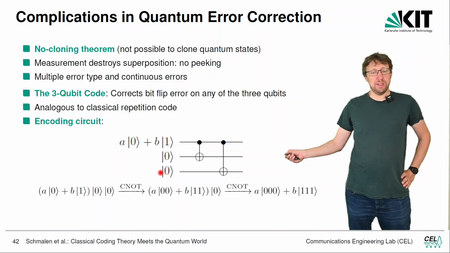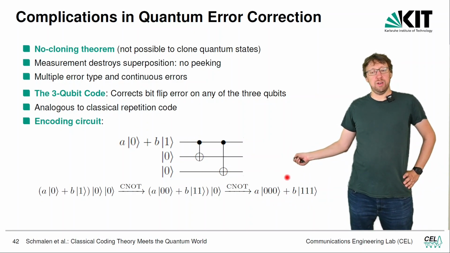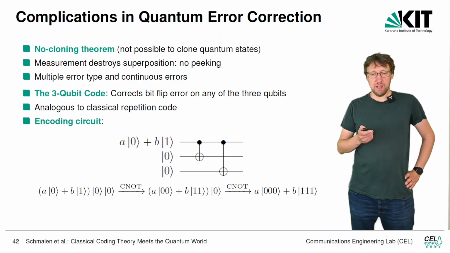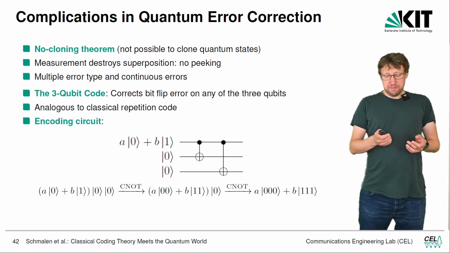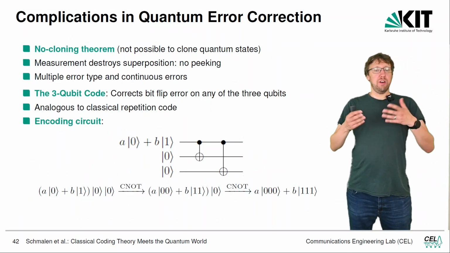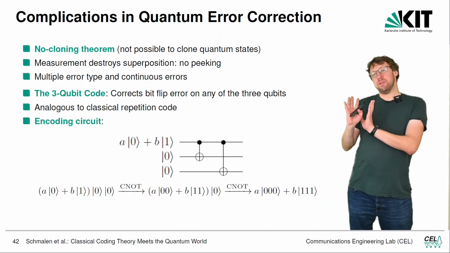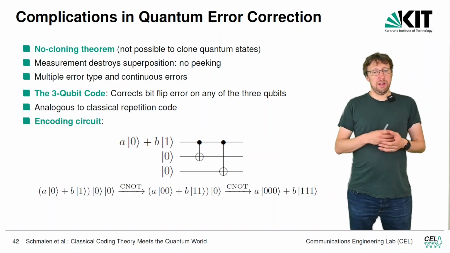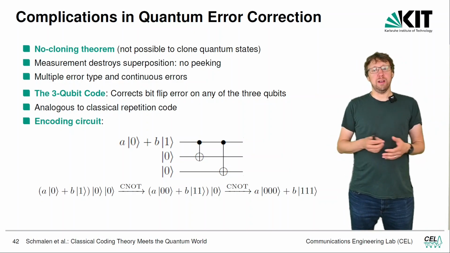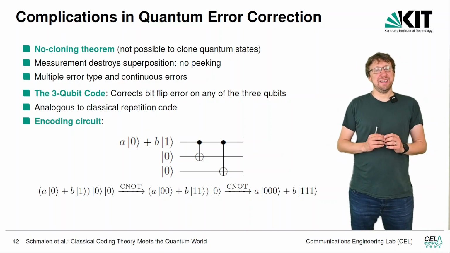So we use these 2 CNOT gates to generate 3 entangled qubits. This code can essentially correct, with a correction circuit, which is beyond the scope of this quick presentation, one bit flip error, so one Pauli X error.